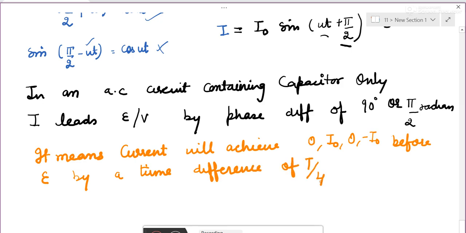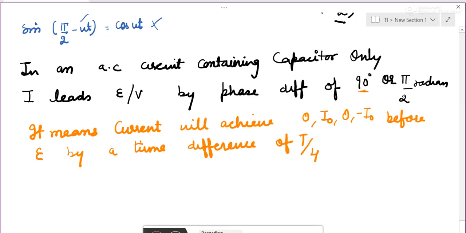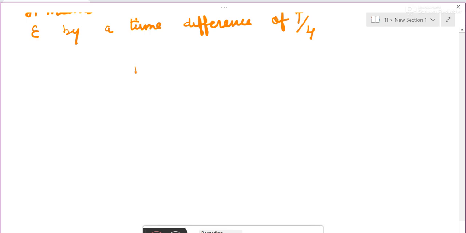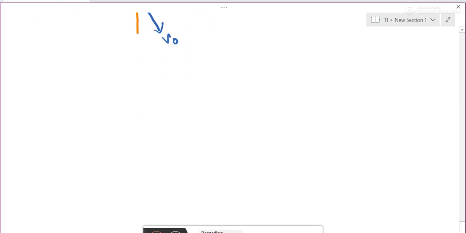Because 360 is for full time, so it is 1 by 4th. Now we have to come to the graphical presentation. So you can draw this current arrow, small first of all. Then voltage is lagging behind by 90. This is your voltage. So this is the phasor diagram, right? This is phasor diagram.